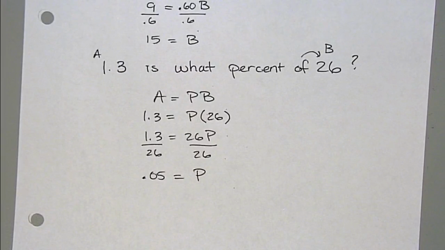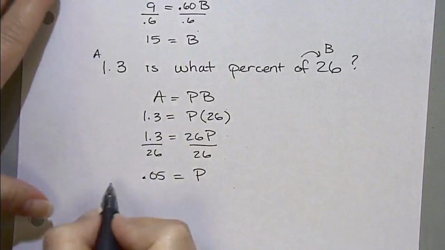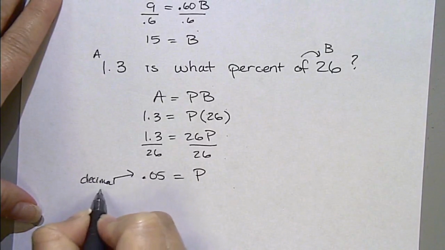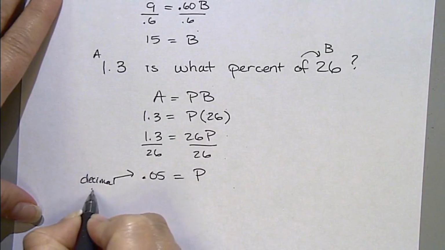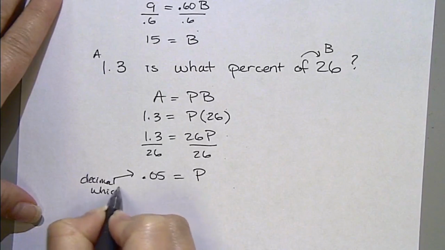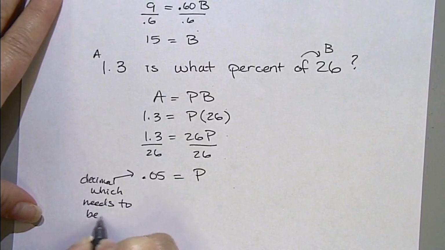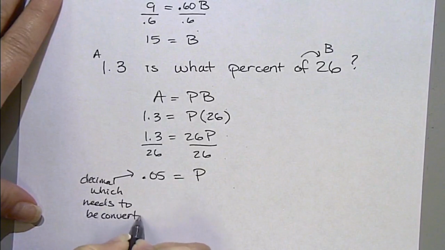So be careful because this formula uses percent in the format of a decimal, we now have to convert this back to a percentage. So if you're using this formula, this answer is a decimal which needs to be converted to a percent.